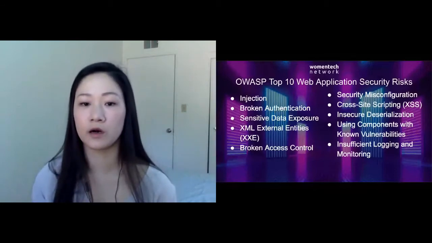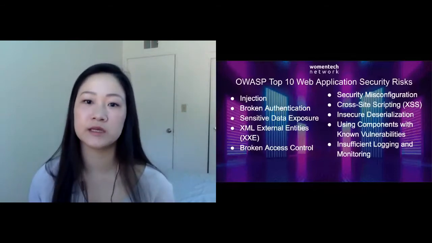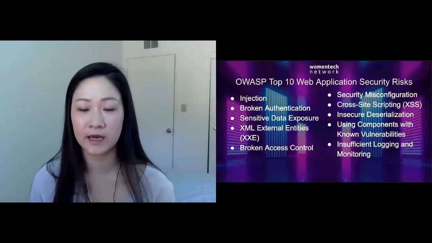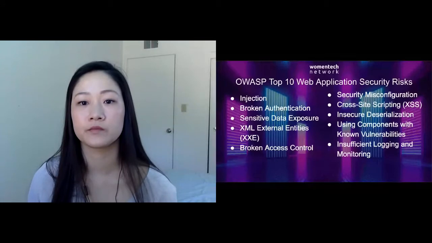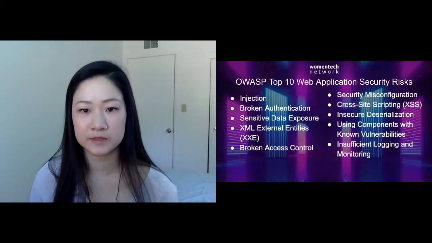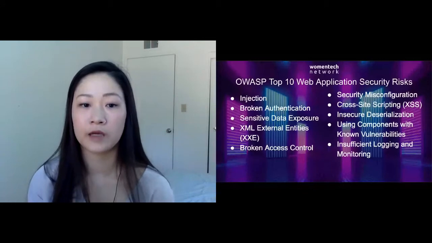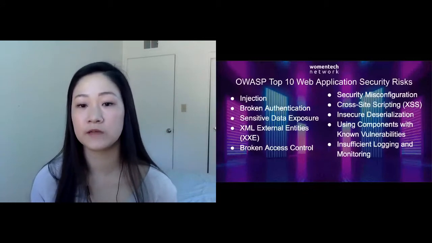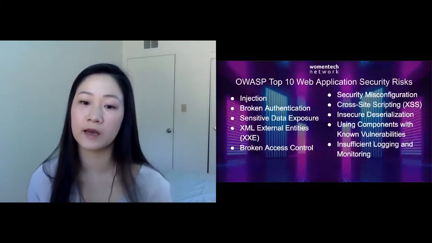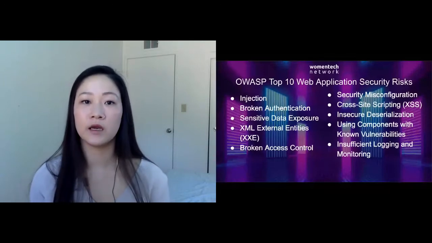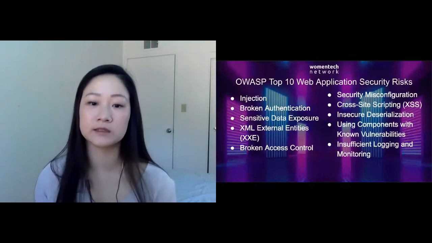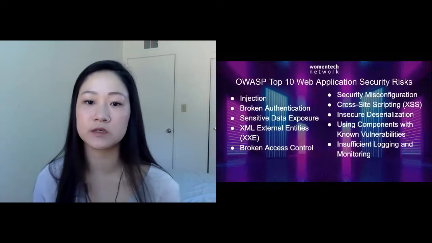Or there are error messages that expose more information that the hackers can use to devise an attack. Cross-site scripting is when hackers execute scripts in the victim's browser, and that can hijack the user's session and also make requests on behalf of the unsuspecting user.